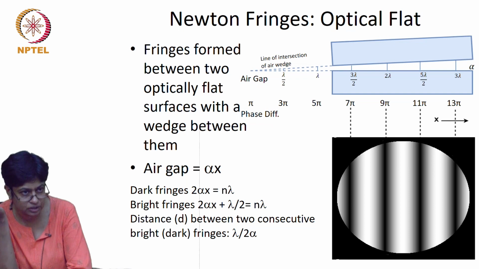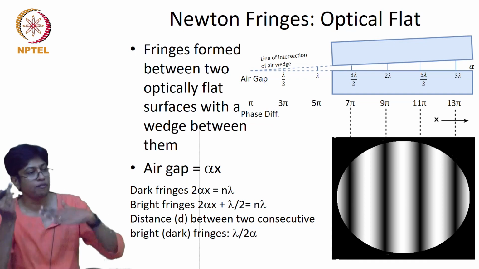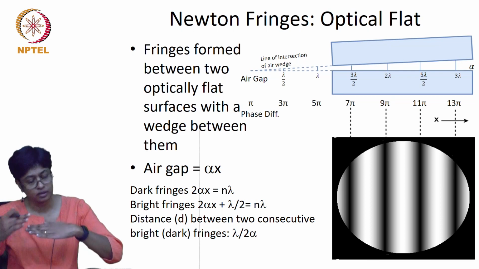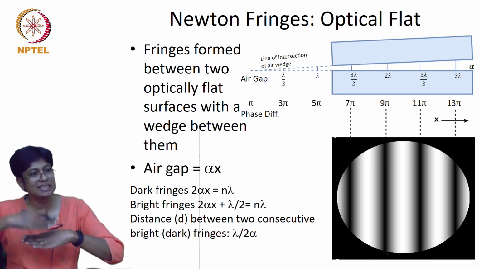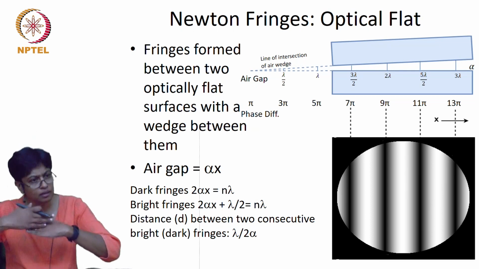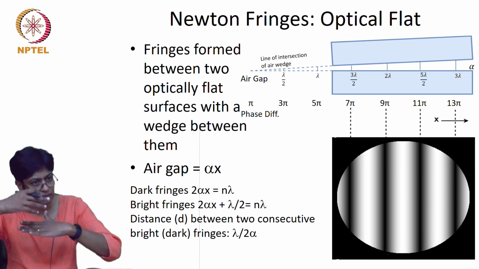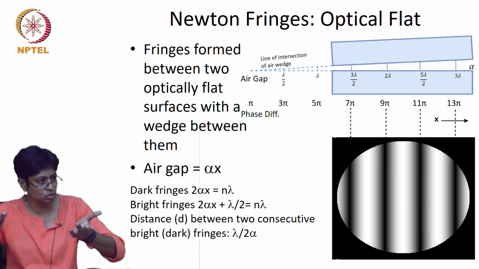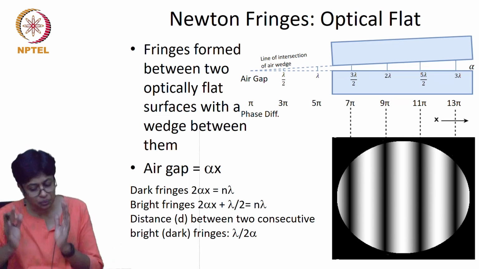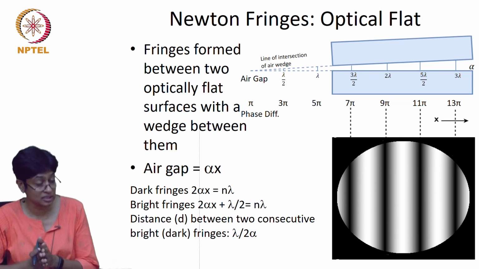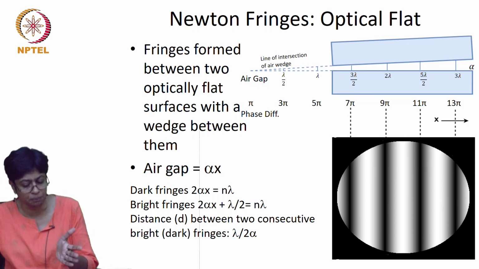Why straight line fringes? Because the wave coming off the reference flat is a plane wave, and the other wave is tilted, and you have these two waves interfering. So, you will have straight line fringes. There is a linear change in the optical path length.